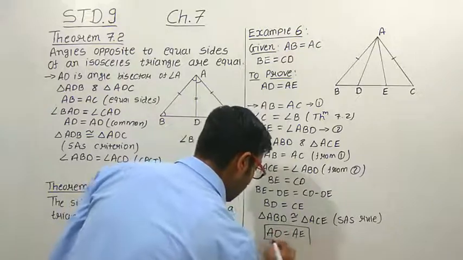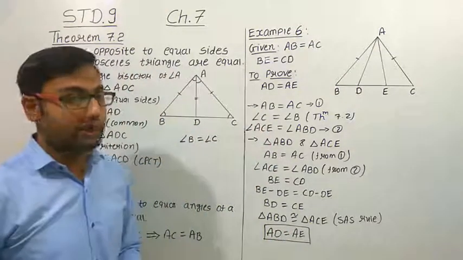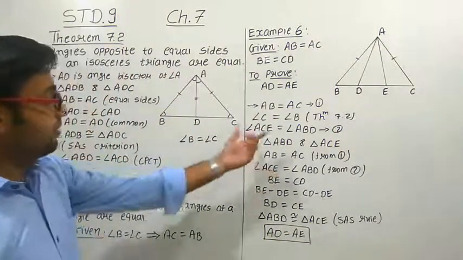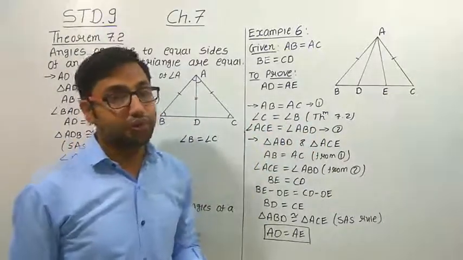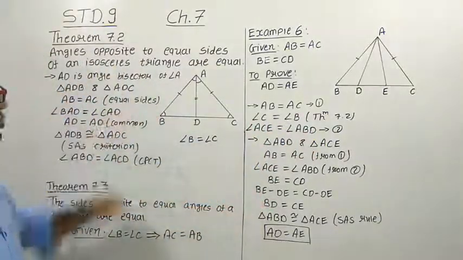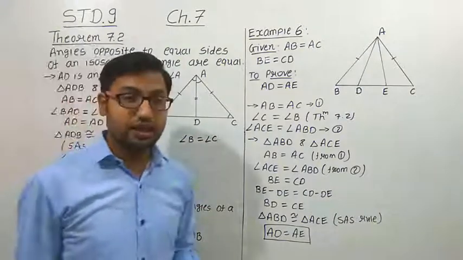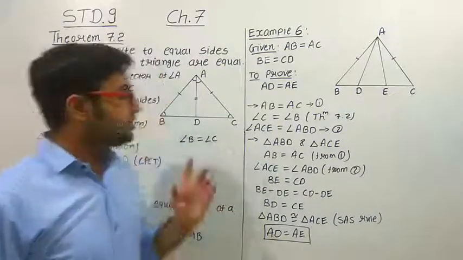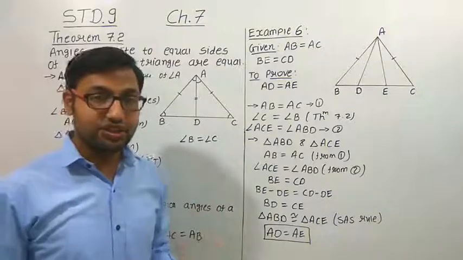So this is the required result. Okay, so see here we are using the concept of theorem number 7.2, that is, the angles opposite to the equal sides of an isosceles triangle are equal. Okay, so this is all about this lecture. Thank you.